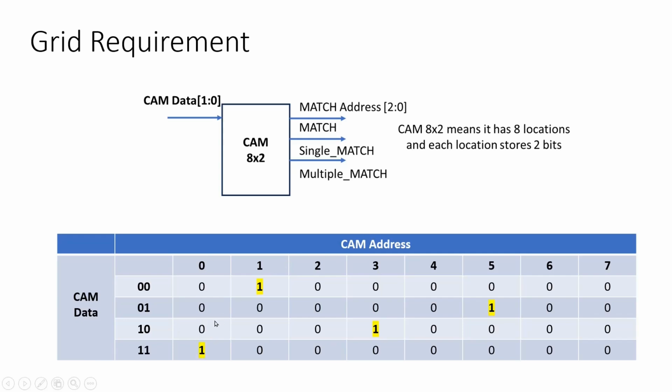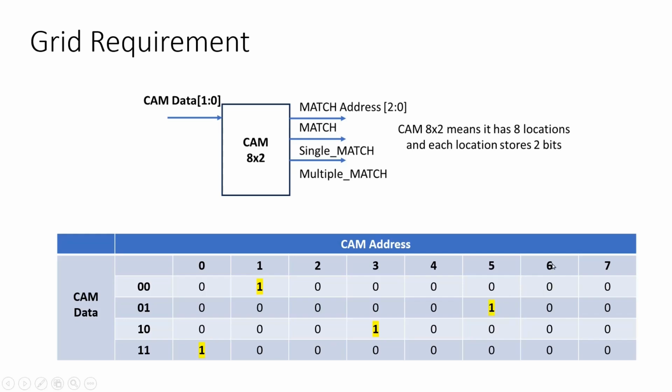Friends, it is quite possible that some data is not written at any location. For example, let us assume that 0 1 is not written in any location. For that case, all the bits corresponding to this data will be 0, meaning 0 1 is not written anywhere. But in our case, we are writing it at address 5.